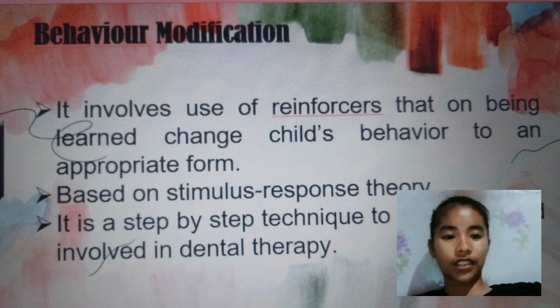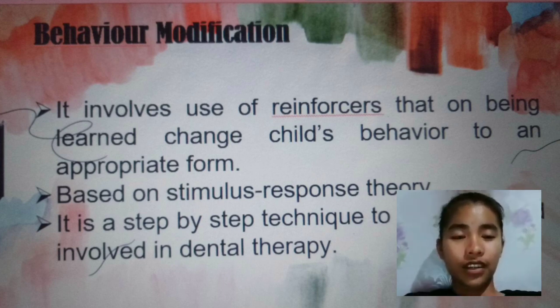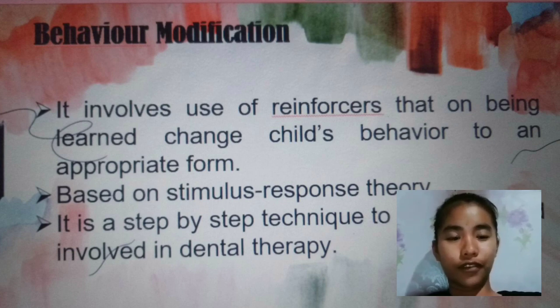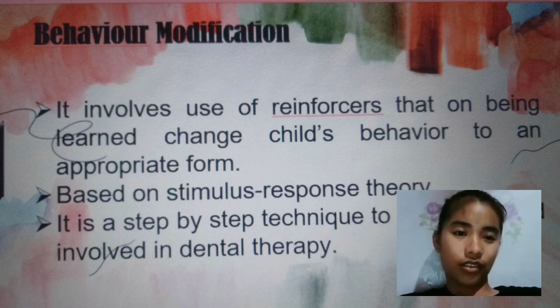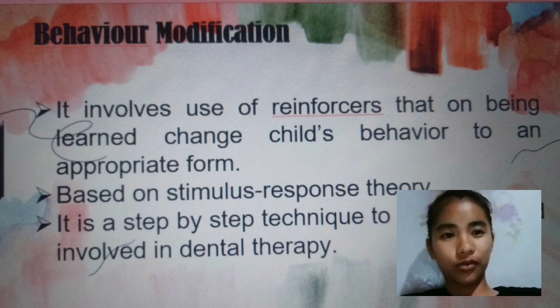It is a step-by-step technique to make the child involved in dental therapy. An example of a reinforcer is something that has the possibility of happening, like improving your behavior.